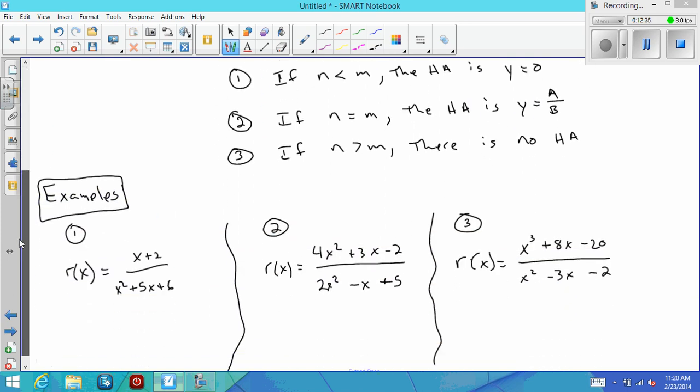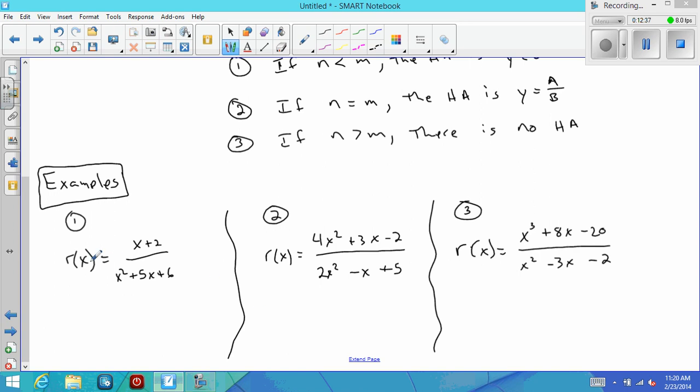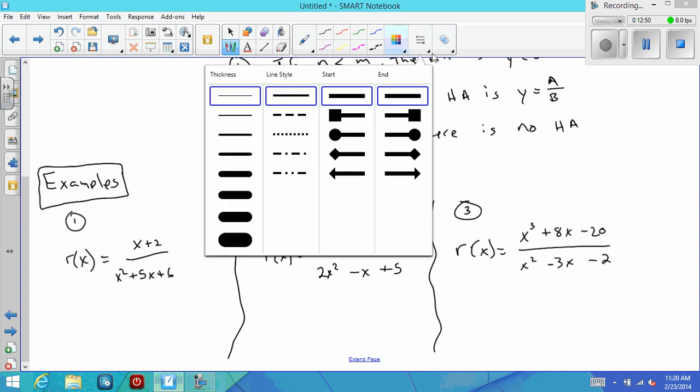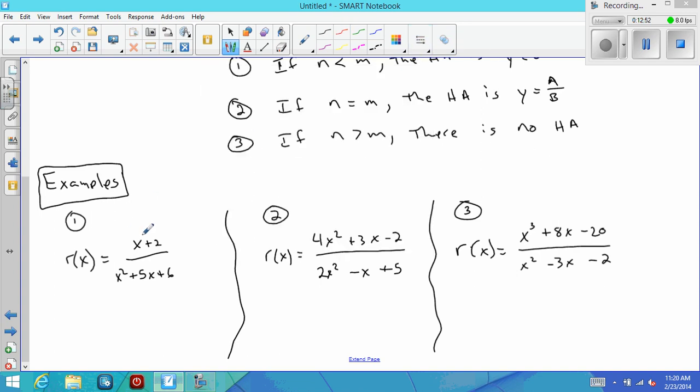So let's look at three examples showing these. So here, showing the first example, the numerator value is smaller than the denominator, because the degree of the top is simply 1 over the degree of the bottom is 2. So I know that n is less than m.